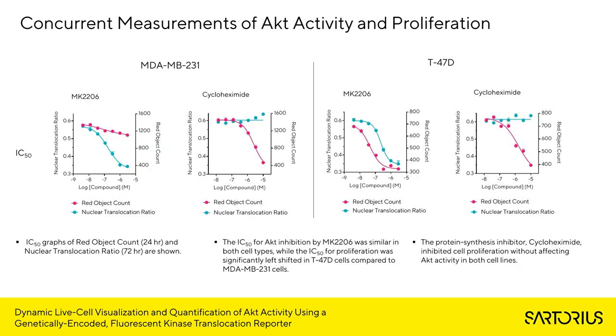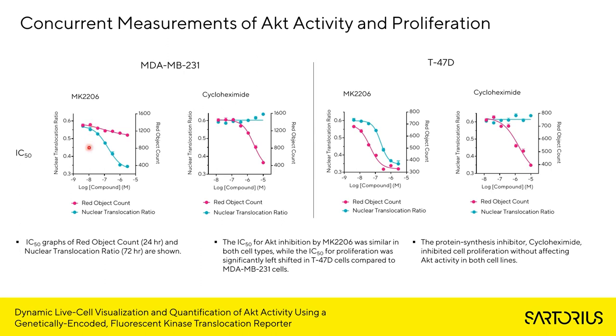IC50 graphs of red object count at 24 hours and nuclear translocation ratio at 72 hours are now shown here. The IC50 for AKT inhibition by MK2206 was similar in both cell types, as you can see in the teal IC50 graphs here and here.